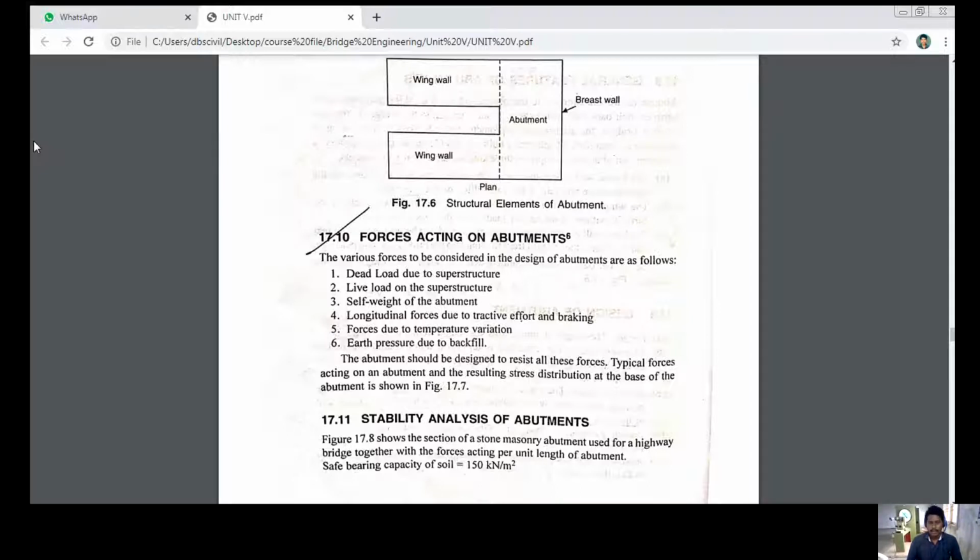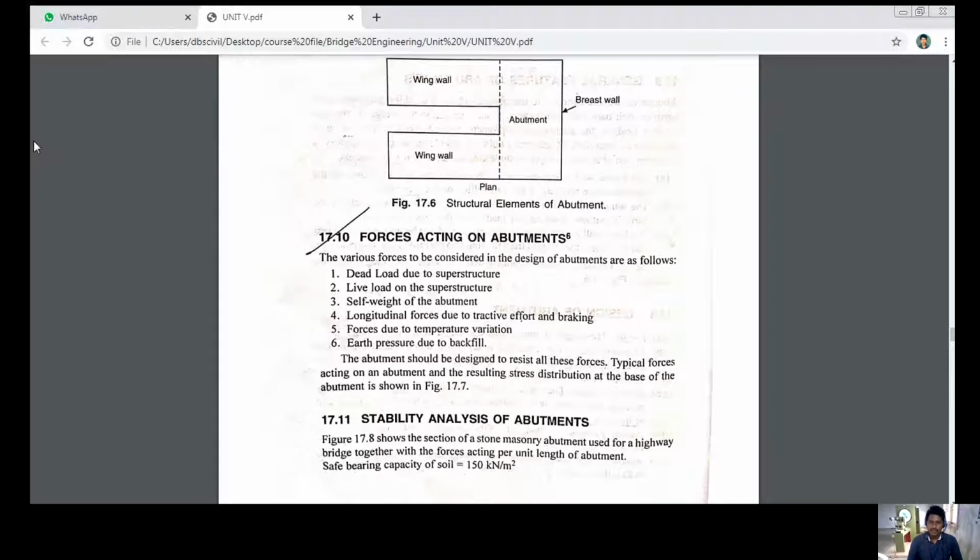Some live loads on the superstructure are humans, extra material objects, vehicles, trucks. All these materials come into live load on superstructure. The live load may also be a moving load, because when a vehicle moves through the road, that also comes under live load on superstructure.